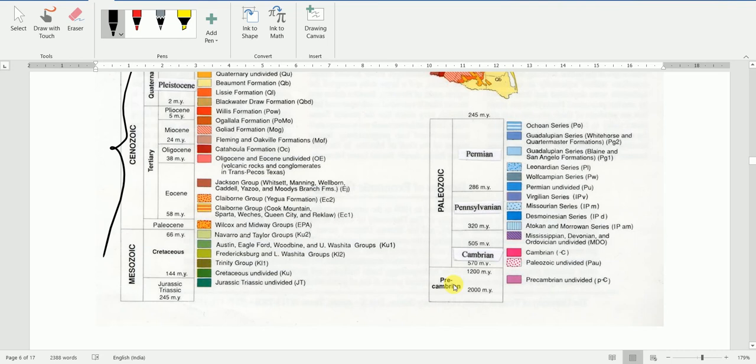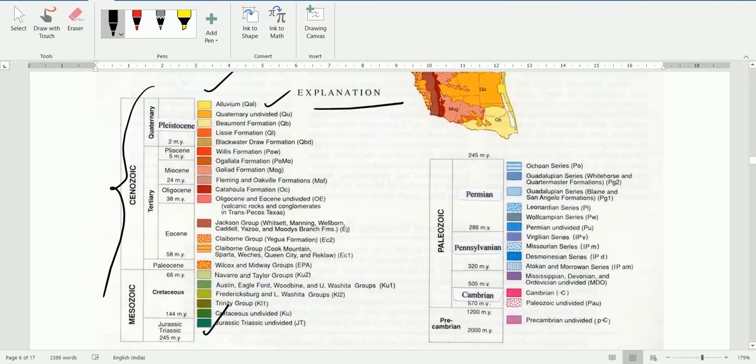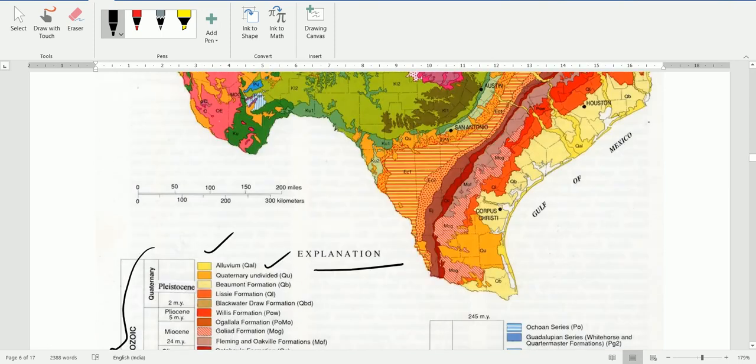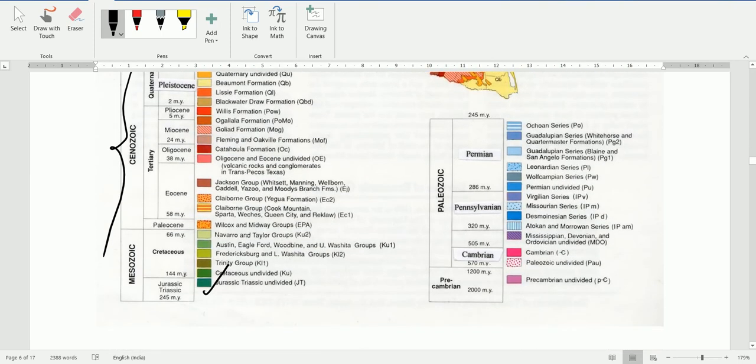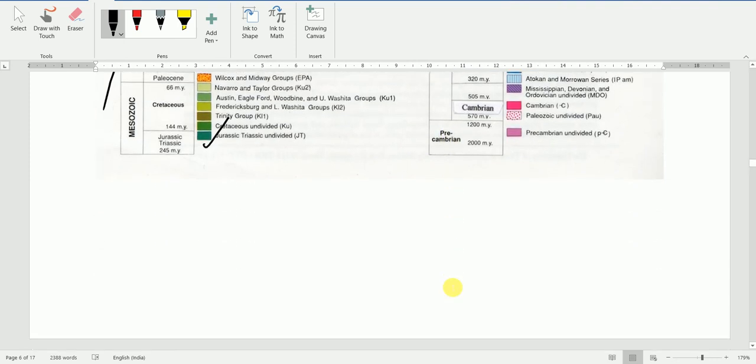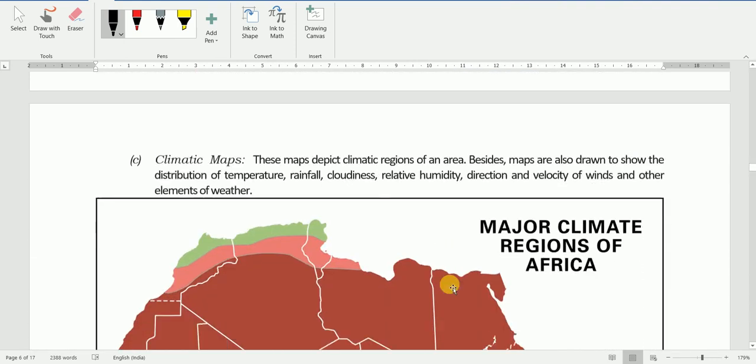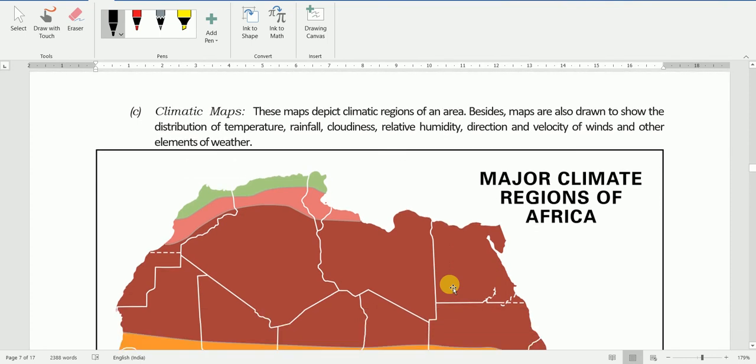This means that the green colored areas, for example here, were formed during the Jurassic period. Just an example. Next we have climatic maps. These maps depict climatic regions of an area.